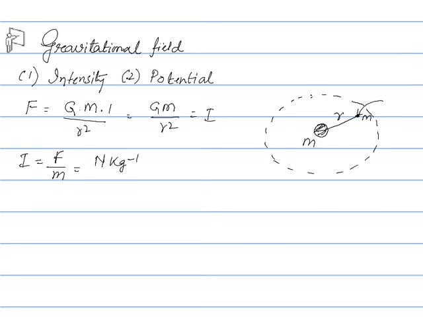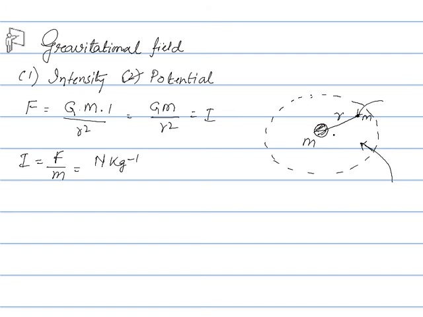Now what is gravitational potential? Suppose we want to bring a mass from infinity, that is, from beyond the gravitational field, up to this point. Whenever this mass is here, the work done is stored in this mass.